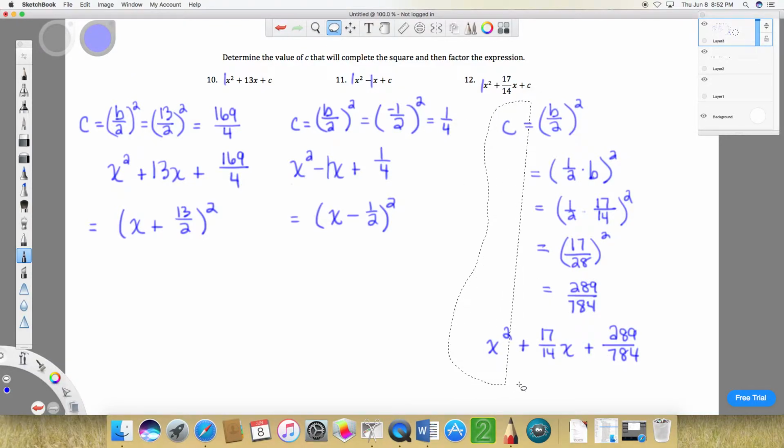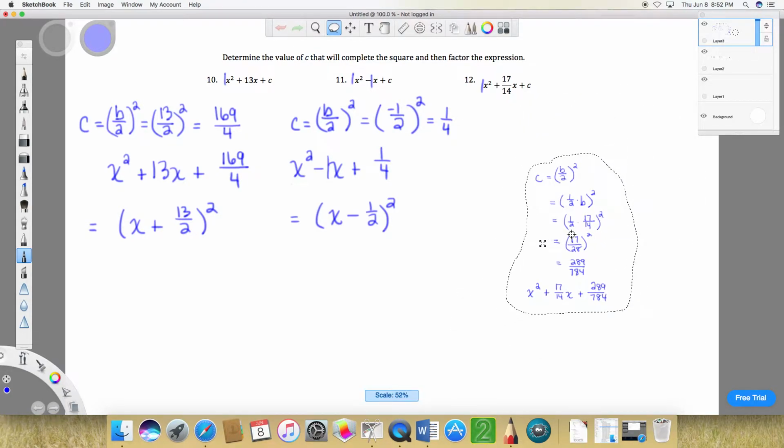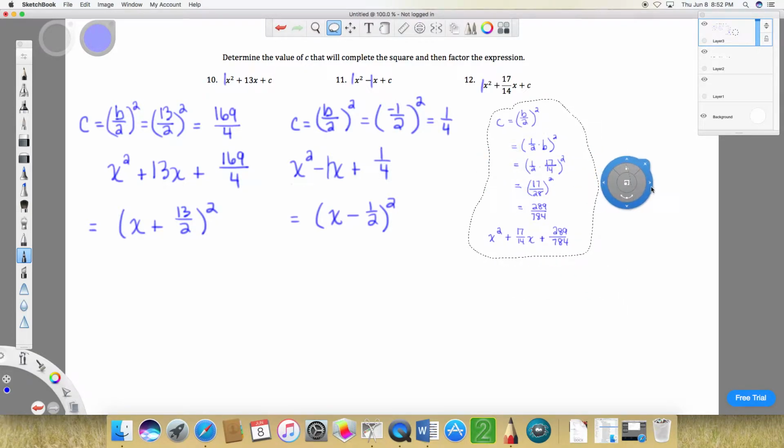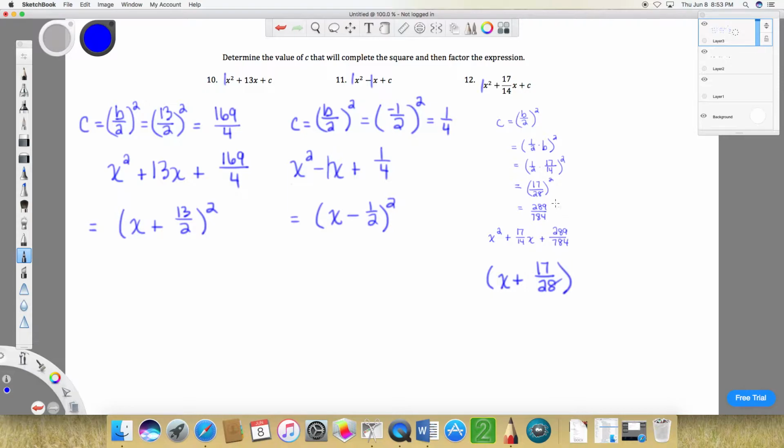I mean, it looks almost impossible. But if you recognize that it fits this pattern, that half of 17 over 14 is 17 over 28, and that 17 over 28 squared is that value for c, then this easily factors. It factors to x plus 17 over 28. That was the number before I squared it. And then that's squared.